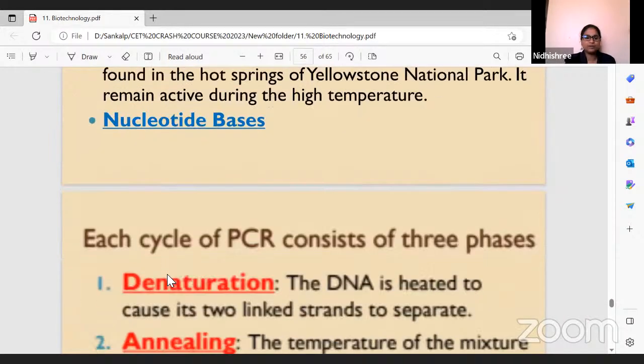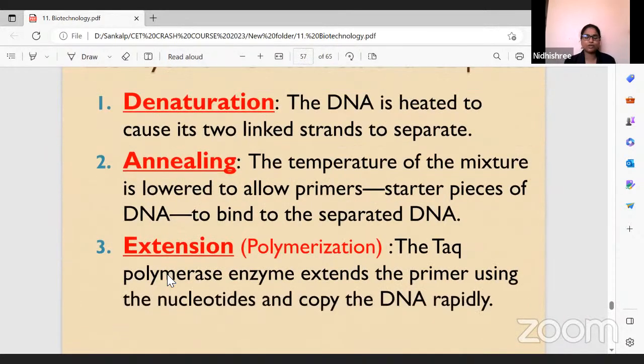Then nucleotide bases. These are the main processes or terminologies. Denaturation: DNA is heated to cause its two linked strands to separate. Annealing: the temperature of the mixture is lowered, and the primers, the starter pieces of DNA, bind to the separated DNA.